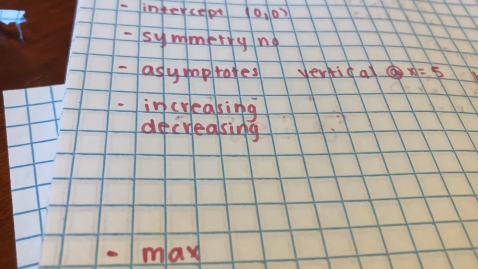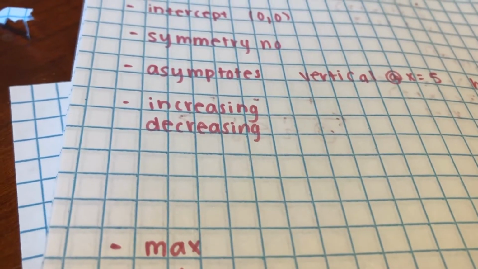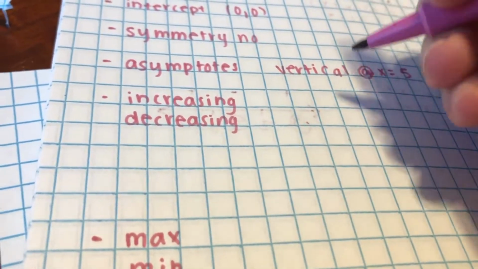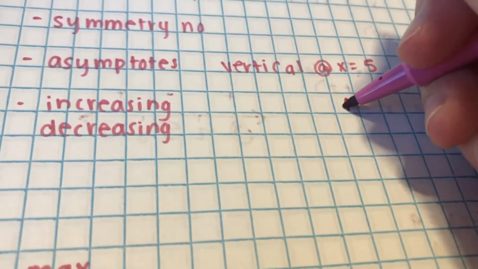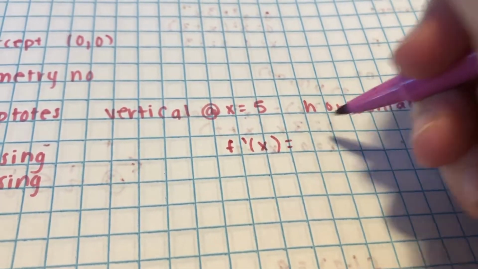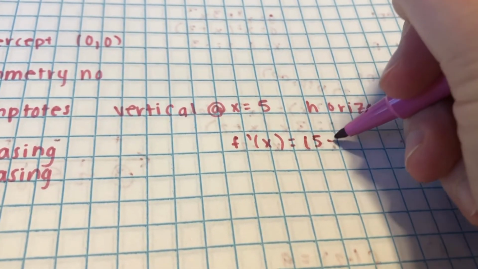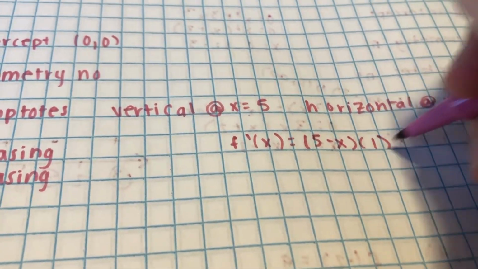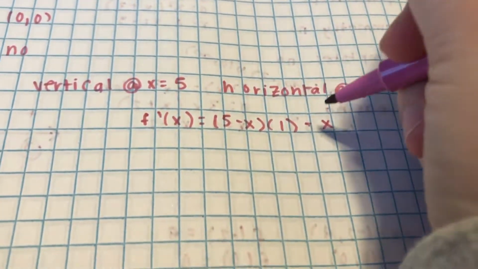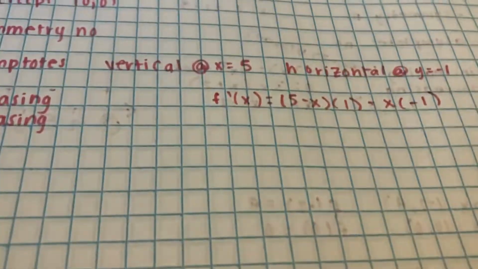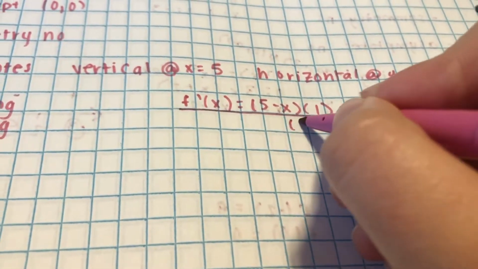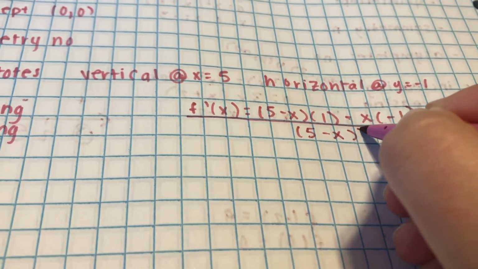And then for increasing and decreasing, we're going to do our first derivative test. We do have to use the quotient rule for this one. So we get f prime of x equals the quantity (5 minus x) times (1 minus x) times -1, all over (5 minus x) squared.